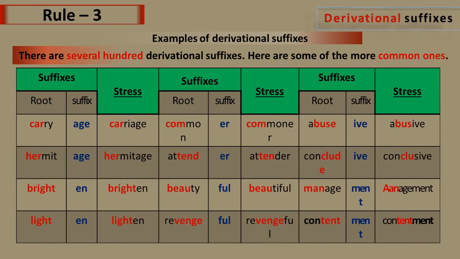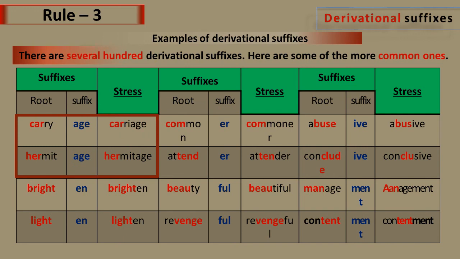In this table especially, we have 3 columns, and in each column you have been given the common information, that is the root word, suffix and stressed word. Let us try to understand one example, and in the same manner you can understand other examples.